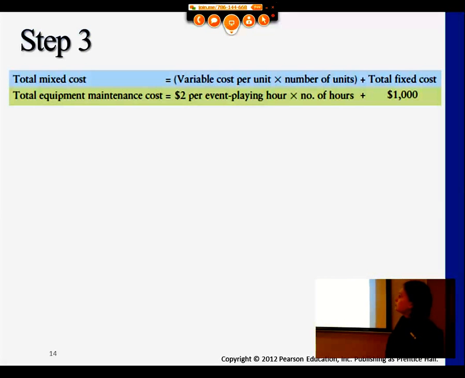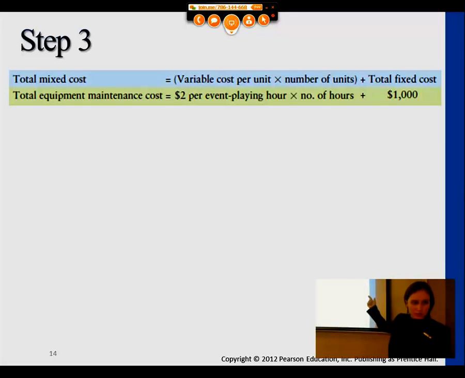Let's calculate. Actually, let's first figure out how we calculate the mix of this mixed cost. So what do we have? We have total mixed cost, and we have total equipment maintenance cost.